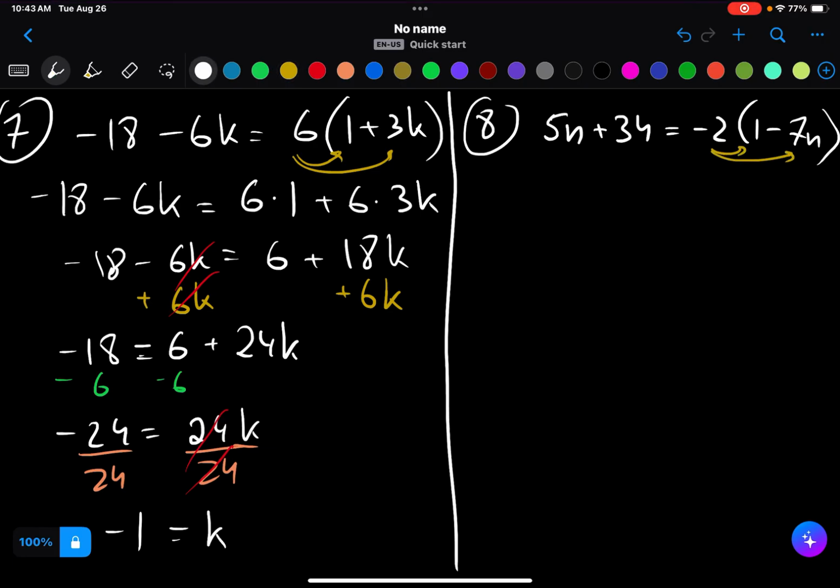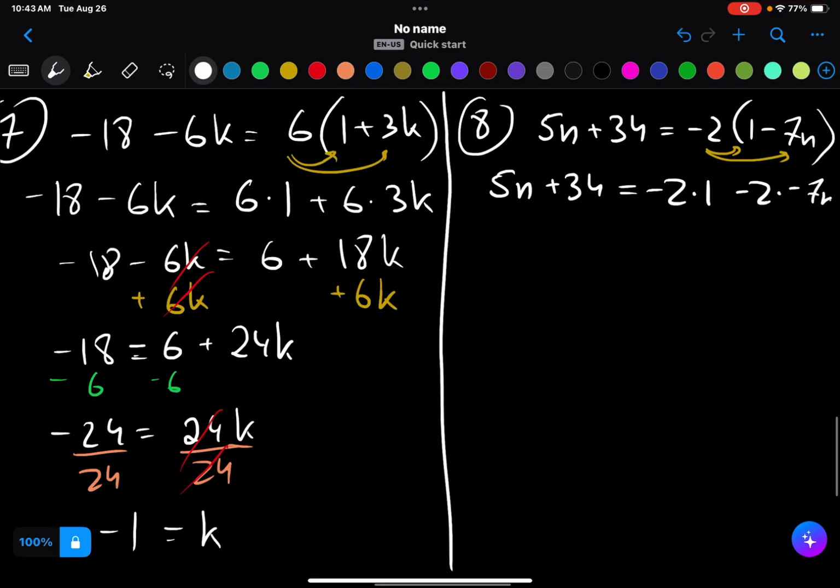So you're going to have 5n plus 34 equals -2 times 1, and then -2 times -7n. Yeah, -7n. There we go. All right, so now nothing changes on the left side. On the right side, you have -2 plus 14n, because negative times negative is positive.